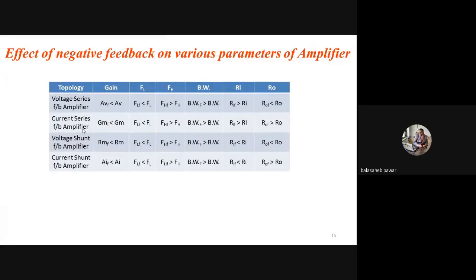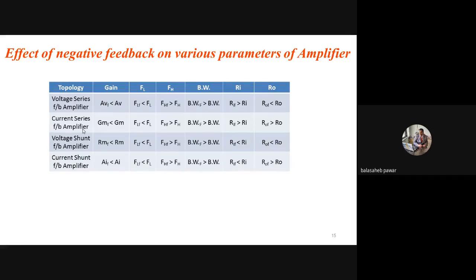So simple. So many times I repeated it, so I will expect the answer from your side. For the second topology, that is current series feedback amplifier, what will be the input and what will be the output? What is the name of the basic amplifier in this topology?